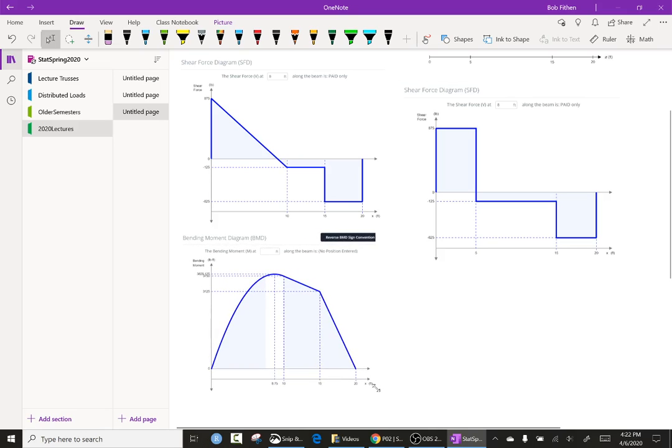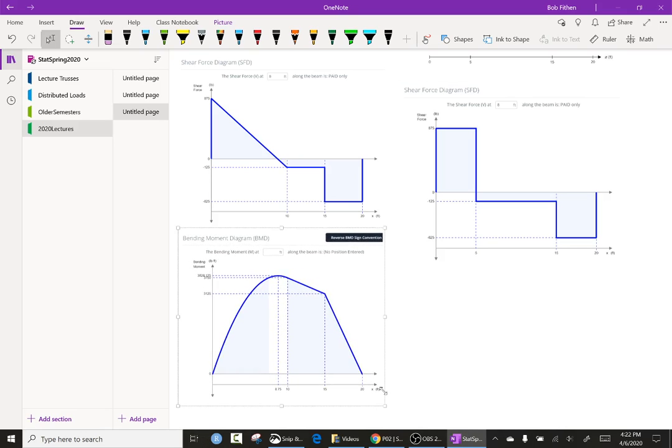Trying to make the lines line up as best I can.